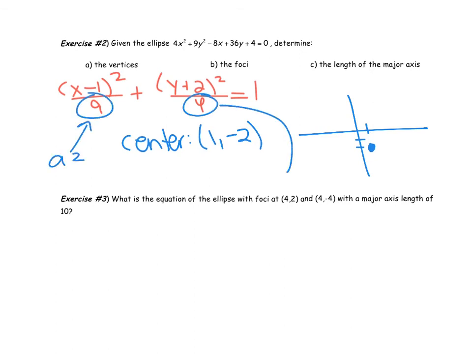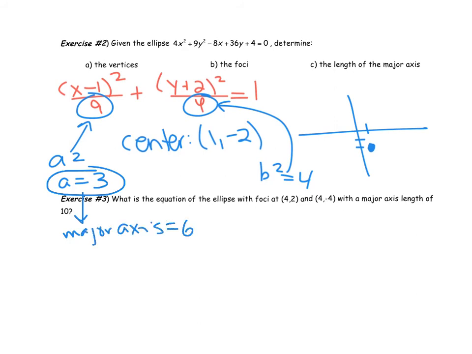Our b squared goes with the 4. So to get just the a value, my a value will equal 3, because we're just taking the square root of 9. So if my a value is 3, that means the major axis is equal to 6. So that answers this question here for part C.